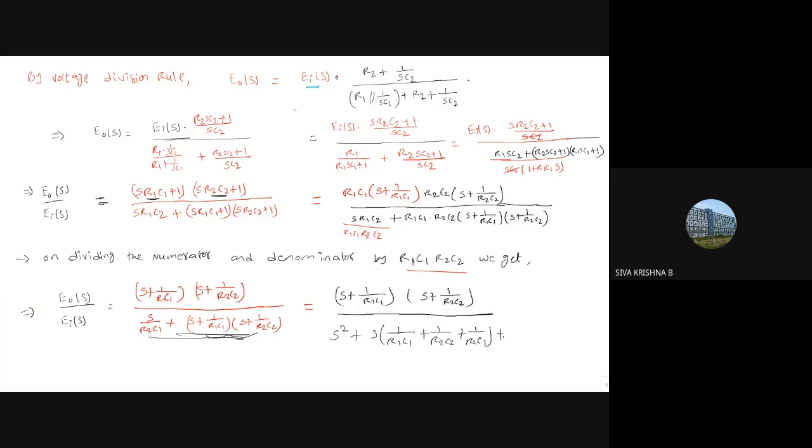This is the S term and the remaining constant is 1 by R1C1 R2C2. See here my S into S square. Next S into this one, S into this one, plus this one. So R2C1, R1C1, R2C2. Next this is multiplied by this, 1 by R1C1, R2C2, and the remaining part 1 by R1C1, R2C2. Okay. So this is the thing.